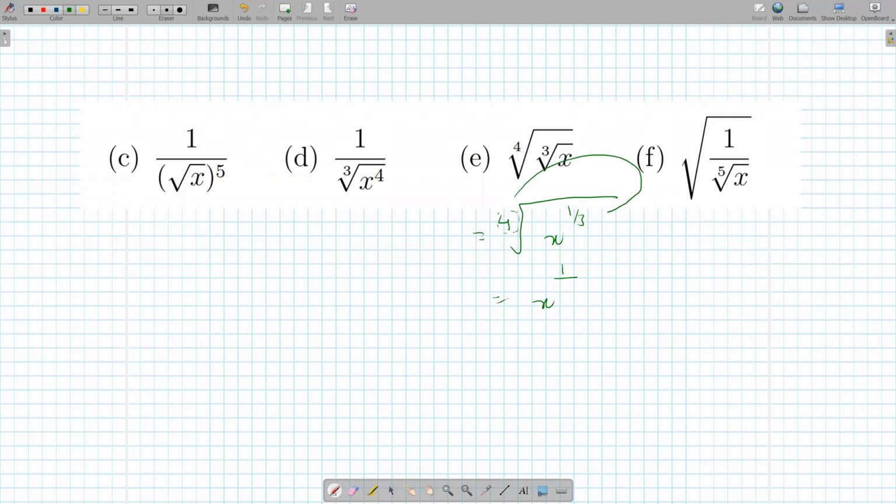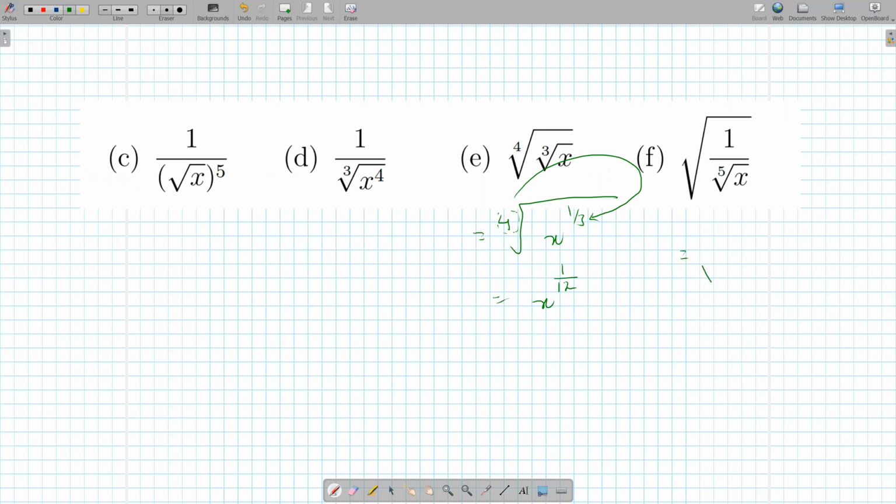That 4 is gonna go right there with the 3. It'll be 1/12. Okay? The root always goes in the denominator. So if there's already a denominator, just multiply them together. Cool?